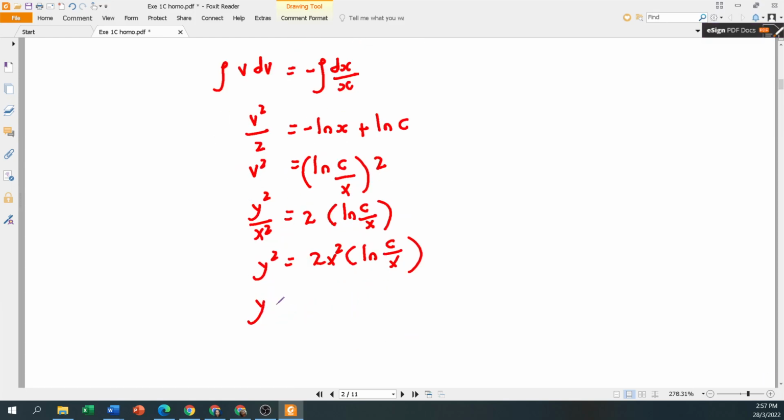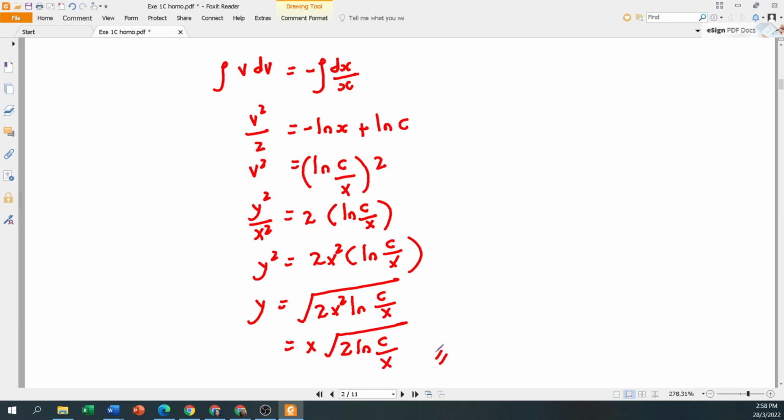And y is the square root of 2 x squared ln c over x, which is x times the square root of 2 ln c over x. So lastly, you get y is actually x square root 2 ln c over x.